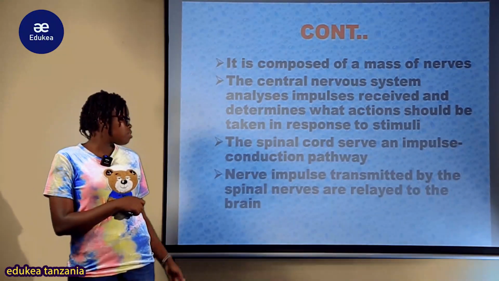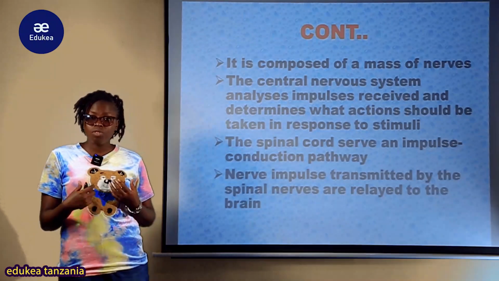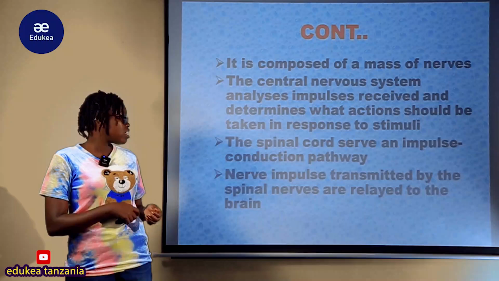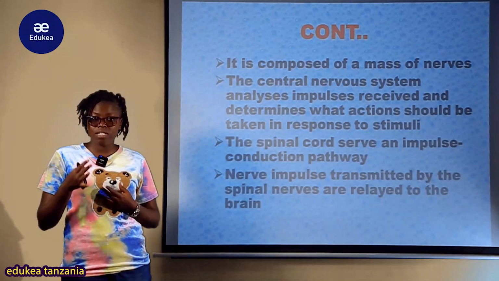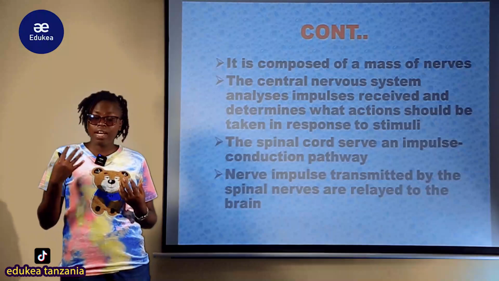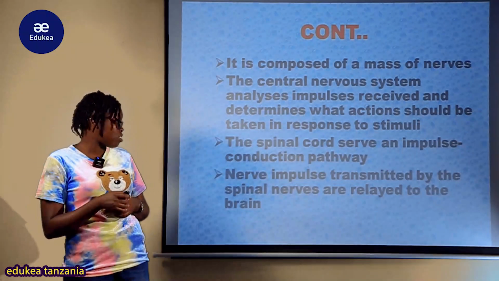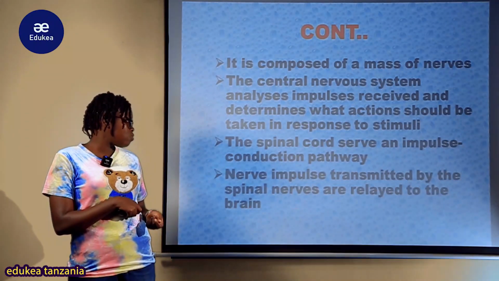So the spinal cord serves as impulse conduction pathway. Lakini spinal cord tukiachana na brain ambayo kazi yake katika interpretation, spinal cord yenyewe inasaidia katika impulse conduction, katika kusafirisha these impulses kwenda katika nerve system, kwenda katika brain na kuweza kurudi katika these effectors organ. So the nerve impulses transmitted by the spinal cord are relayed to the brain.